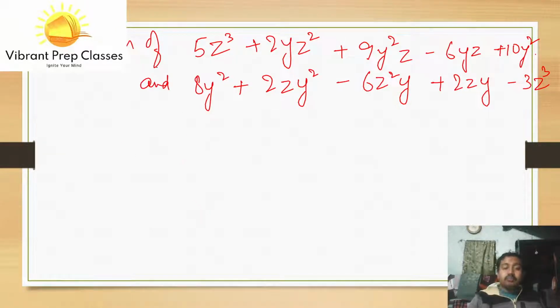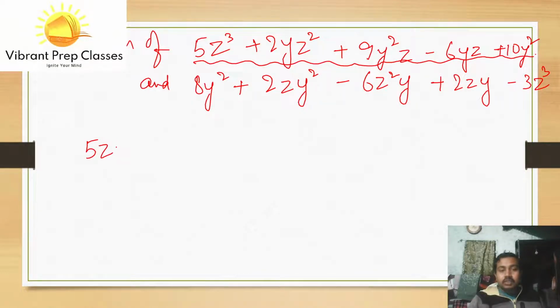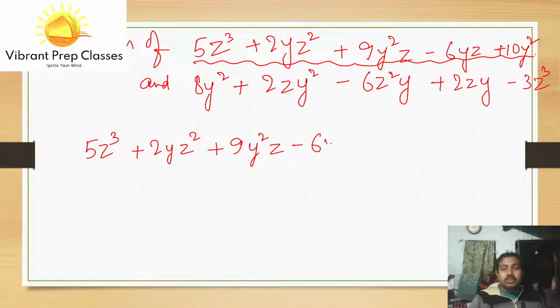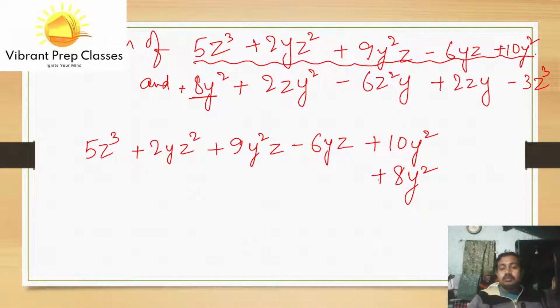So basically, you can check what we can do. We'll write the first one as it is: 5z³ + 2yz² + 9y²z - 6yz + 10y². Then we are going to group them. 8y² will come under 10y². Nothing means we have a plus in front.